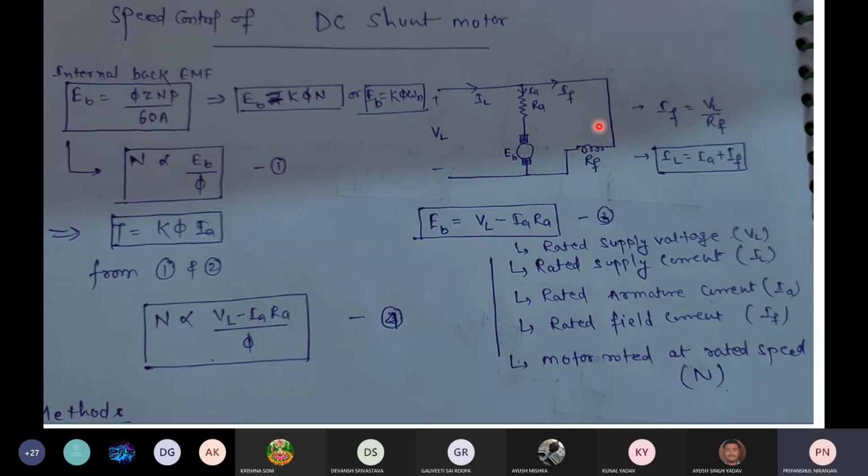Because two windings are connected in parallel: armature winding, armature resistance, and this is the back EMF, connected with the field winding resistance. That is the notation of RF. So the first method: we control by using the field winding, so we disturb the field winding.